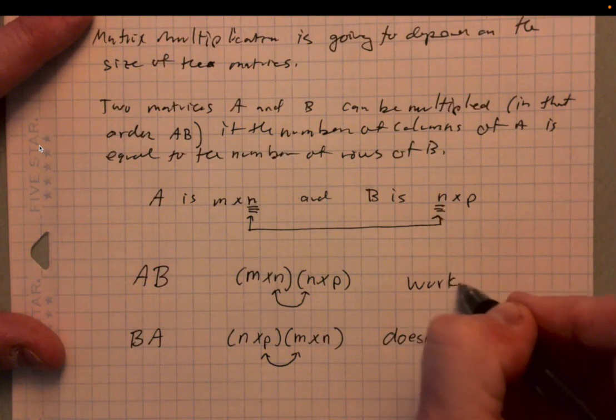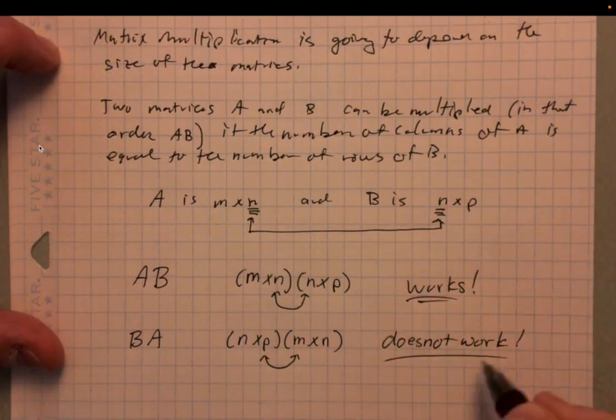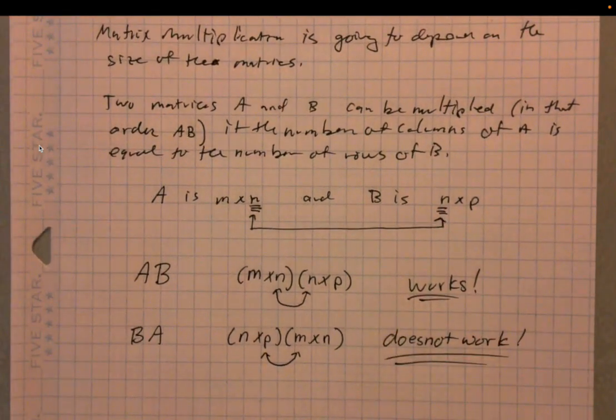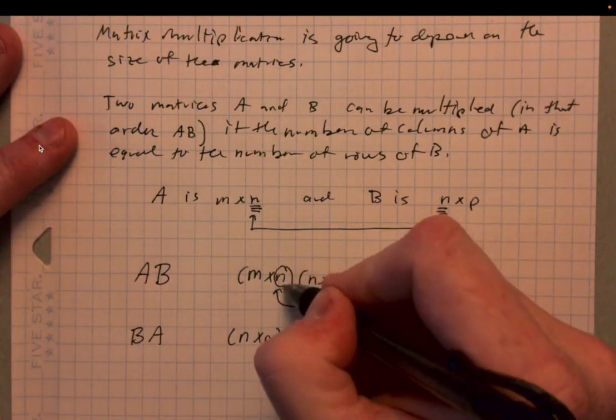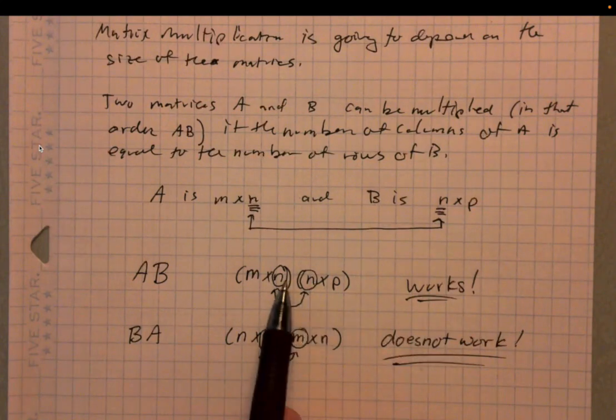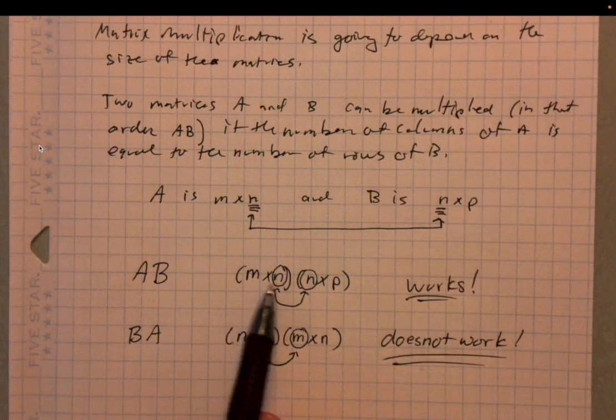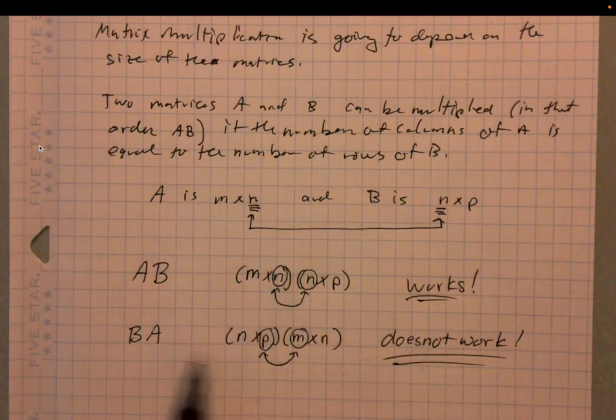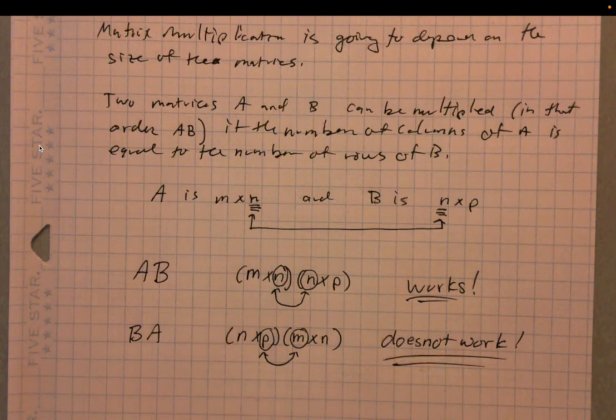This one does work. And it has everything to do with the dimensions. Here, the dimensions align: the number of columns of A matches the rows of B. Here, they do not align: the columns of B do not equal the rows of A.